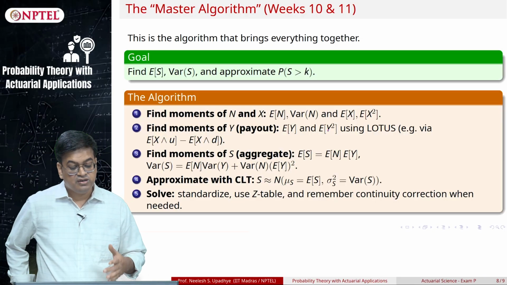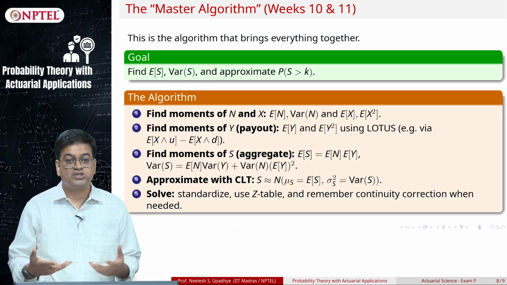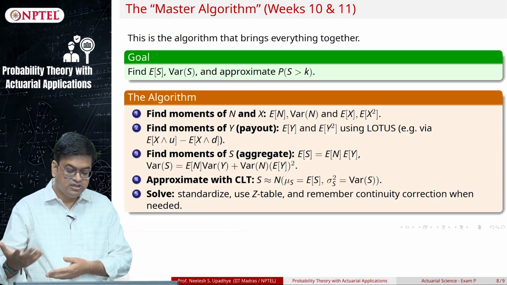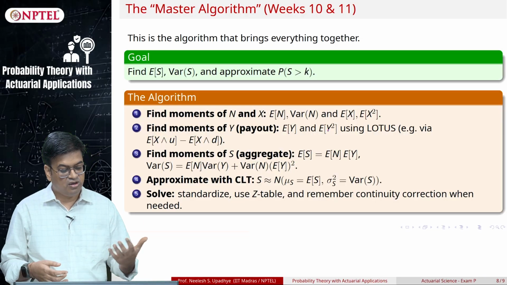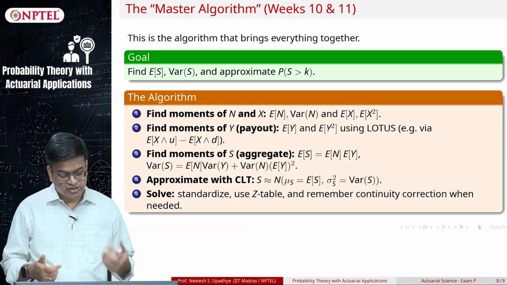So what we did, we used these two calculations of moments and approximated the distribution of S by a normal distribution with these two parameters, and then you can easily solve all problems like expected value of S, variance of S, which is already known to you.